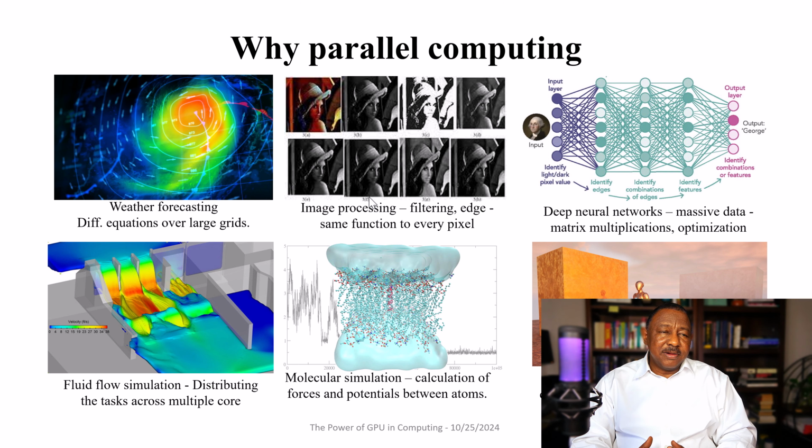In fact, there are many applications for the GPU, or graphical processing unit, and it really helps us solve many problems. In the past, solving these problems was almost impossible, like weather forecasting, for example. In weather forecasting, just imagine that if we need to measure the temperature in the atmosphere, we need to divide a large space into grids, and then compute or use a differential equation in each grid.